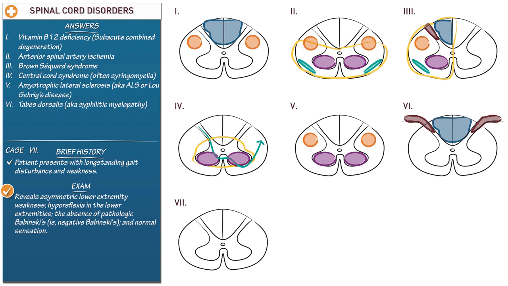Show that the weakness in conjunction with hyporeflexia and a normal sensory exam suggests anterior motor horn involvement only. Many illnesses cause select anterior horn cell loss. Indicate that two common illnesses that cause this pathology are spinal muscular atrophy and polio syndrome.